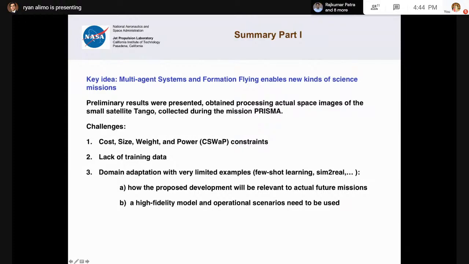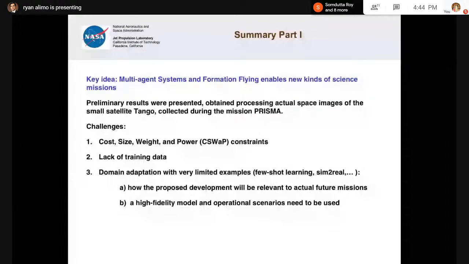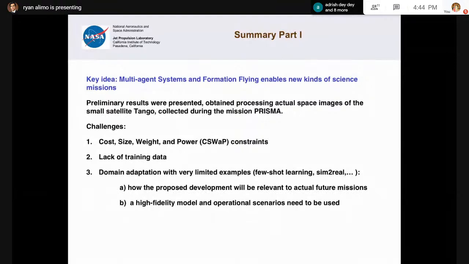Also simulation to real, that's another area that we need to investigate and see how we can generalize from the simulation to the real world scenario, and use the high fidelity model in operation rather than low fidelity. So create a trade-off between low fidelity and high fidelity models.